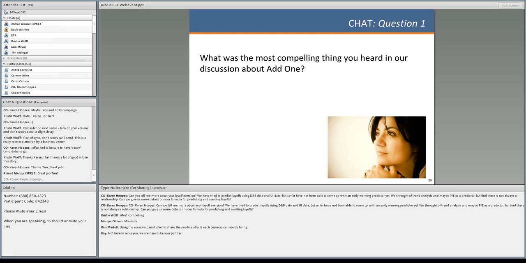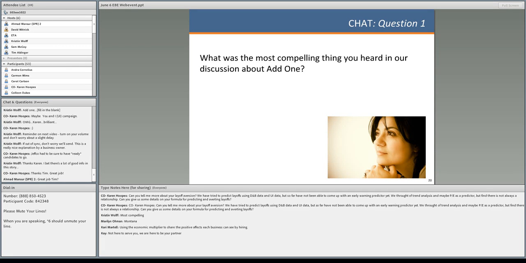Okay, so using the economic multiplier to share positive effects. Compelling. Not here to serve you, here to be your partner, says Kay. Yep.